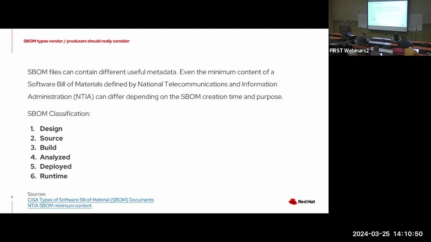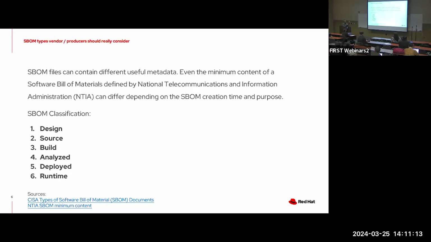Now, SBOM files can contain many different useful metadata. Depending on the use case, a different type of SBOM can deliver the most valuable and useful information. That's why CISA defined 6 types of SBOMs.